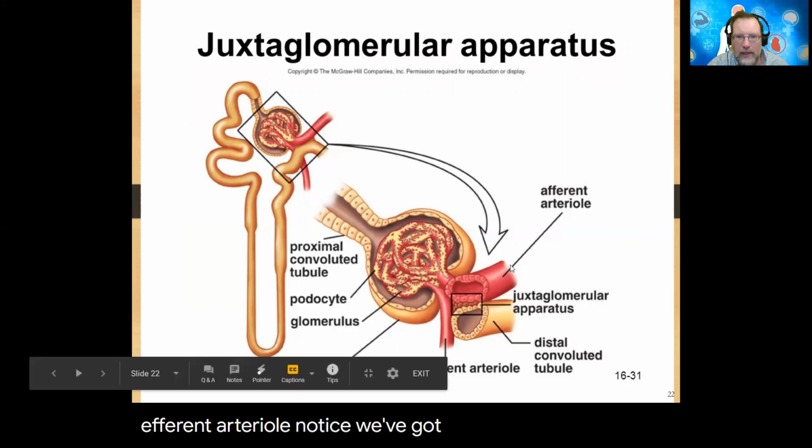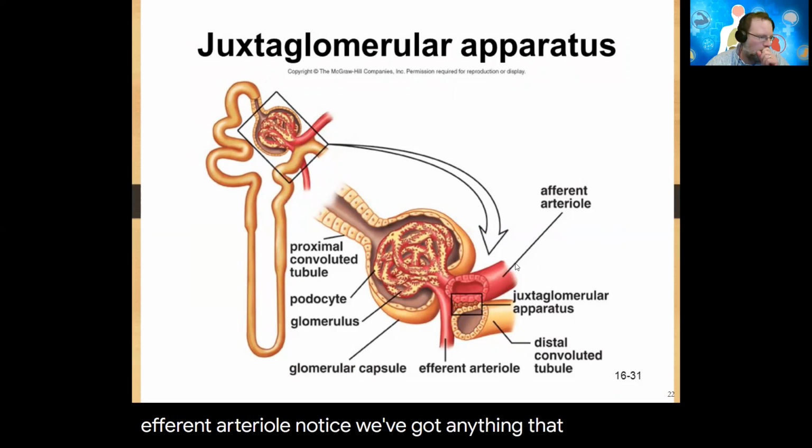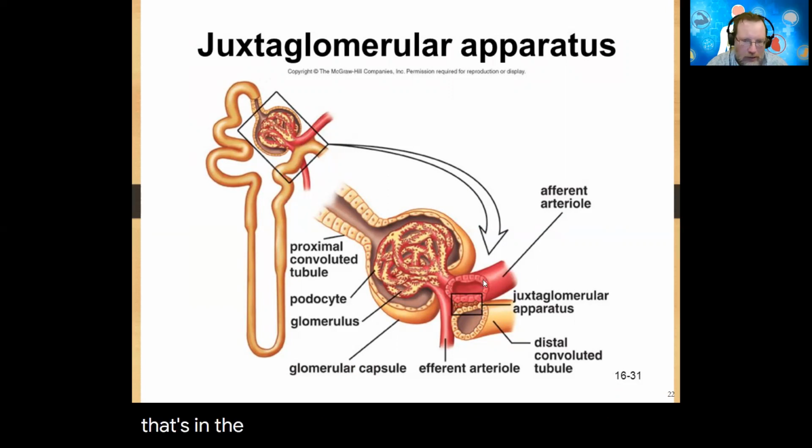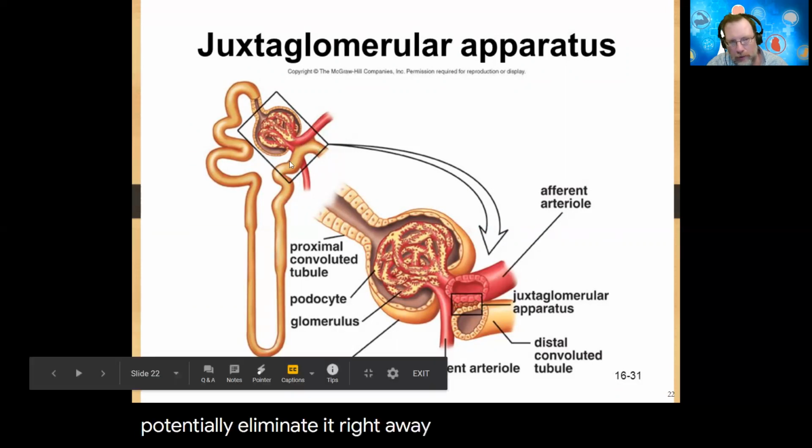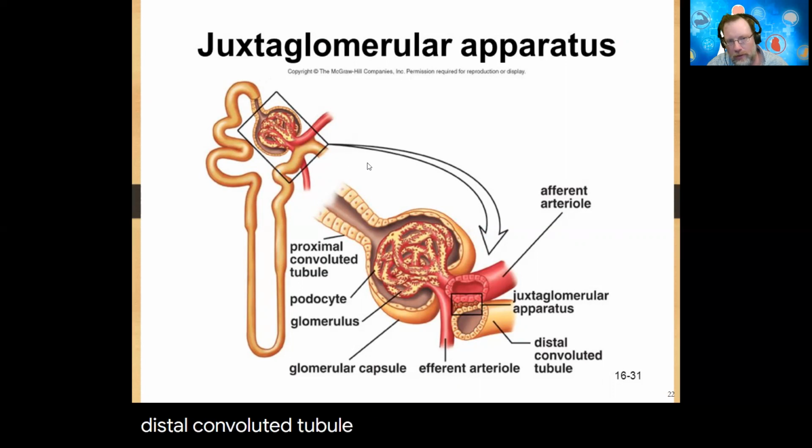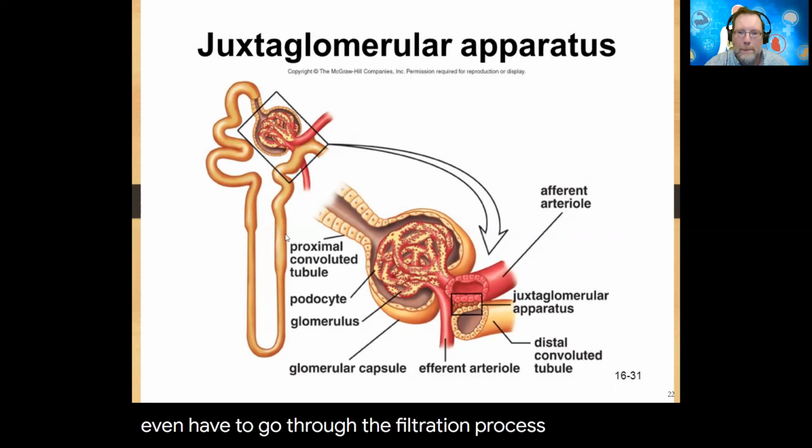Notice anything that's in the blood coming into the glomerulus we can potentially eliminate right away, because remember that distal convoluted tubule is dumping right into the collecting duct. So if there are things in the blood that need to be eliminated, we can dump them right there. They don't even have to go through the filtration process.